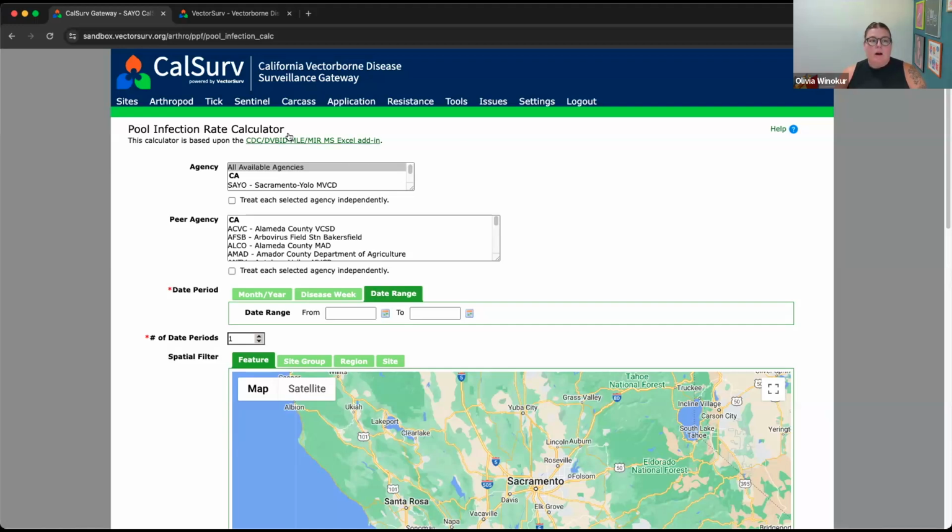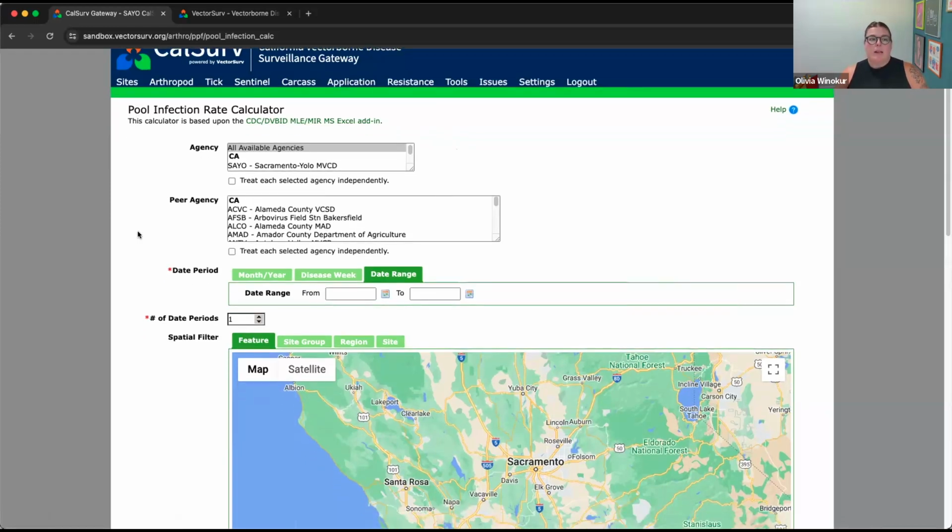This is based on the CDC's maximum likelihood estimate, minimum infection rate, Excel add-in. So if you prefer to use an Excel add-in to calculate these things, by all means you can. But this calculator is based on that as well, so you will get the same outputs.